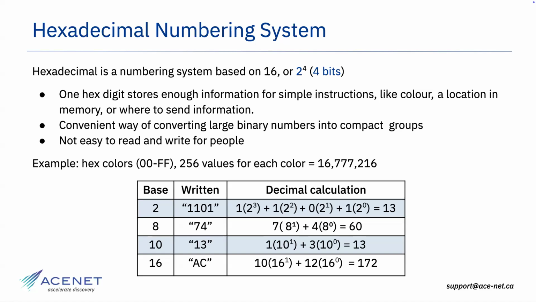The symbols are 0 to 9 and letters A to F. So 21, for example, in decimal would be represented as 16 to the power 1 plus 5 times 16 to the power 0.